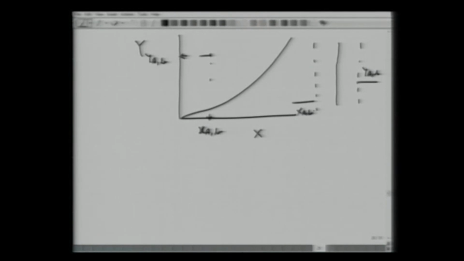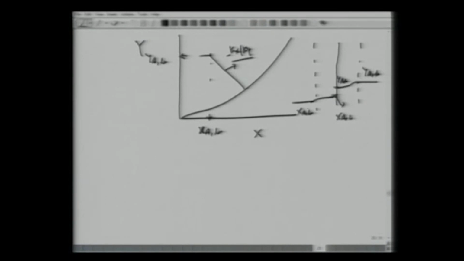All we do, realizing that the mass transfer coefficient ratio is given in terms of interfacial concentrations YAI and XAI, we can take a slope of minus kx over ky, because kx over ky has been shown in terms of YAB, XAB, and YAI and XAI.